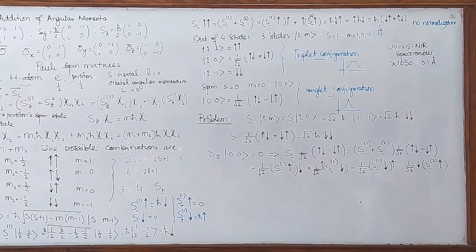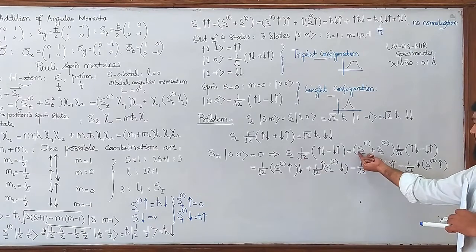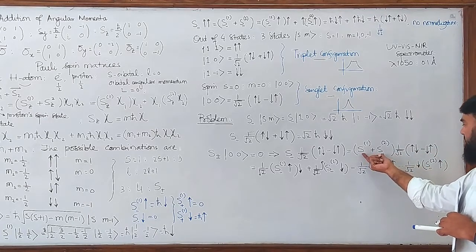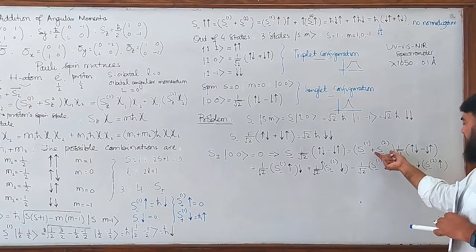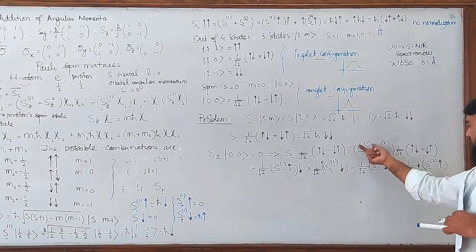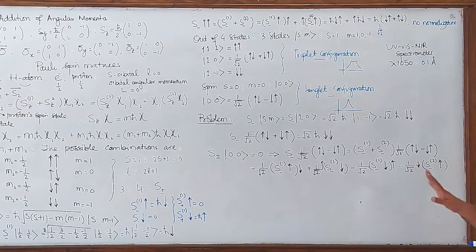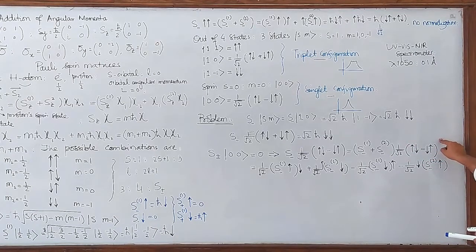Clear? Yes. Any confusion? You apply S minus 1 first on this part and then S minus 2 on this part. What I did, I applied S minus 1 on this, then S minus 2 on this, then S minus 1 on this whole and then S minus 2 on this whole. You can do both ways, no problem. You apply S minus 1 on both of them, then S minus 2 on both of them. The result will be the same.